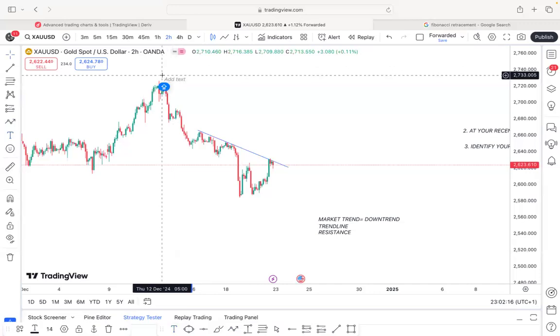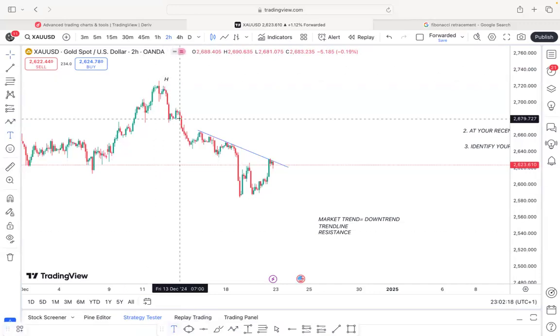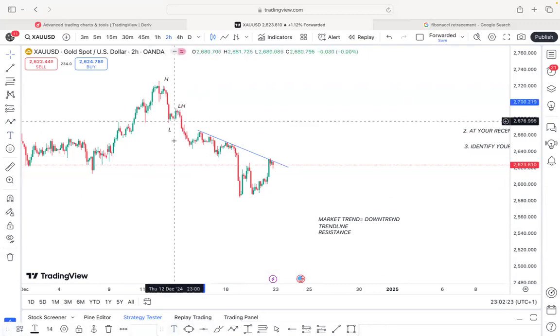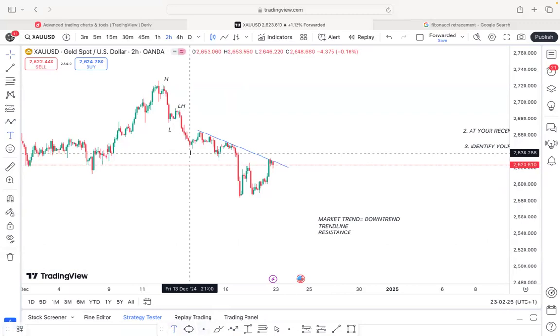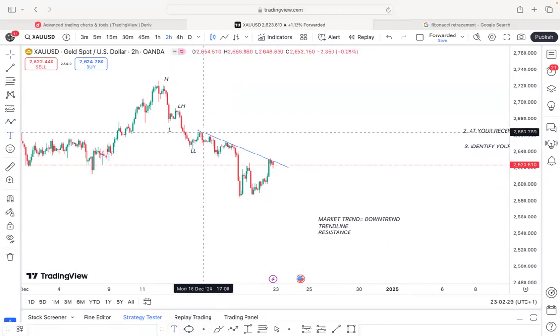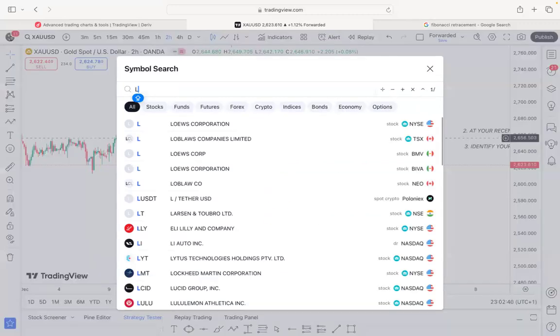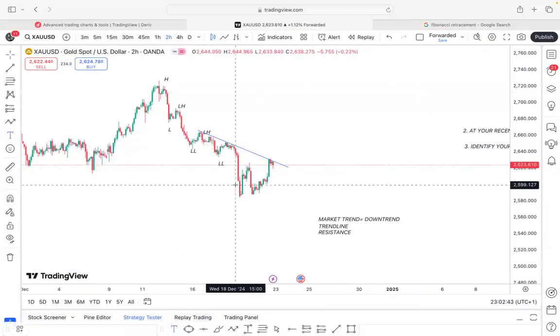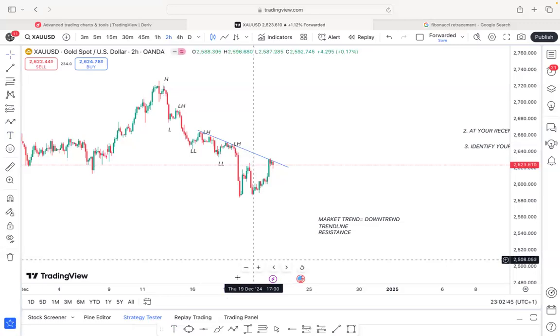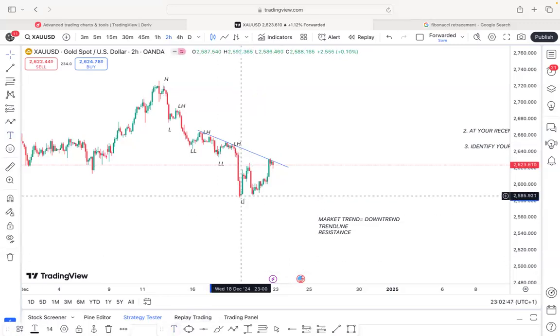This is our high, our low, our lower high, our lower low, lower high, lower low, lower high, and then lower low.